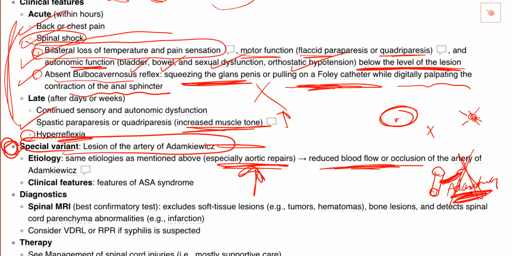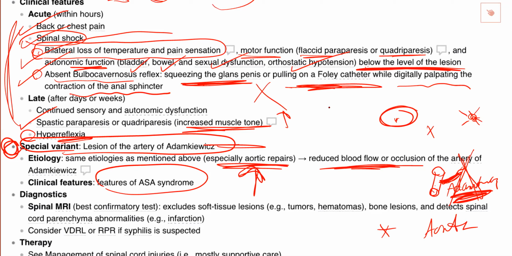So it will be asked like this: the scenario, you will have a patient with aortic aneurysm repair, then features of anterior spinal artery syndrome, like we said before, back pain or chest pain, then spinal shock, late spastic paralysis, and hyperreflexia.